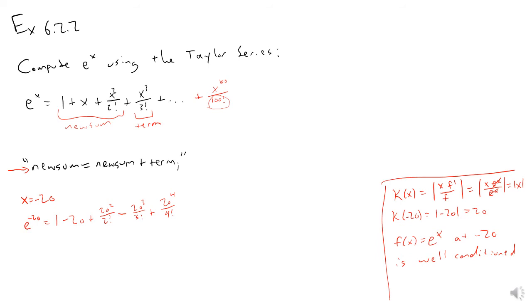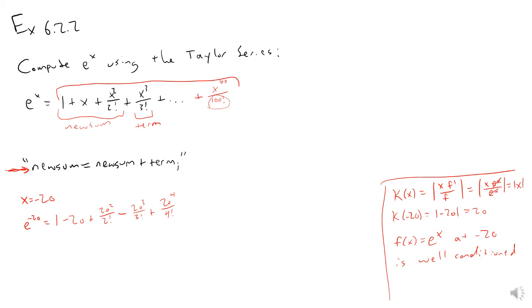And just to point out where I think the main issue is, it's exactly this line that I wrote down here, new sum equals new sum plus term. If you think about e to the negative 20, after you go so far in your series, let's say we go out to 100 terms again, that's going to be a number that's really close to e to the negative 20 if we do this analytically.